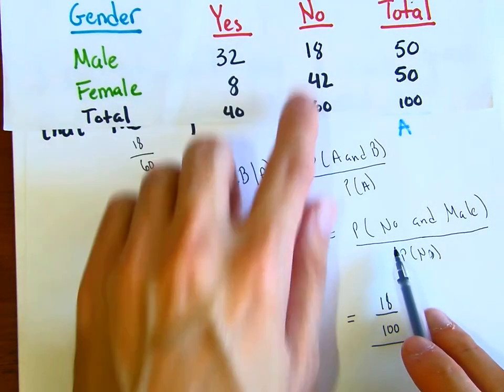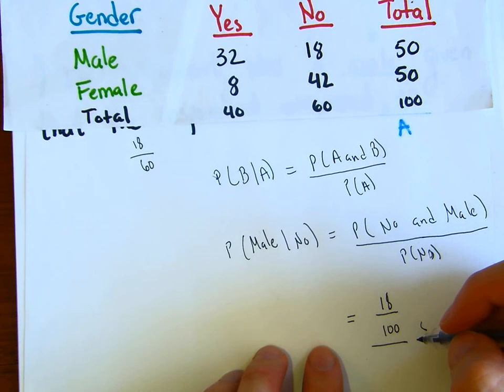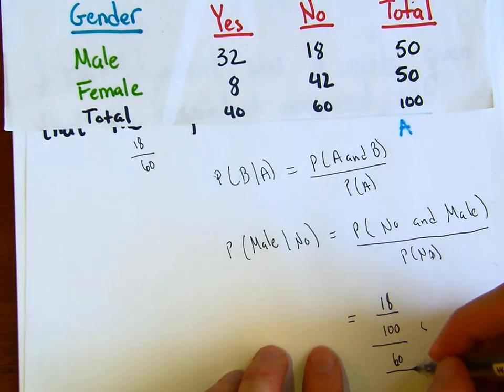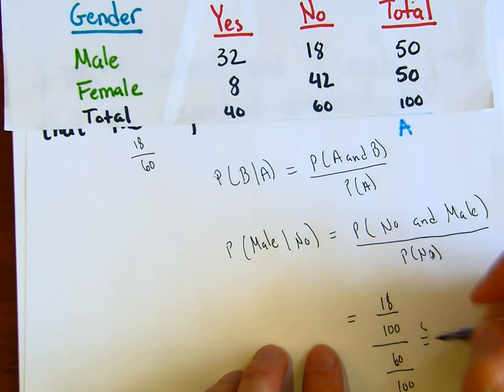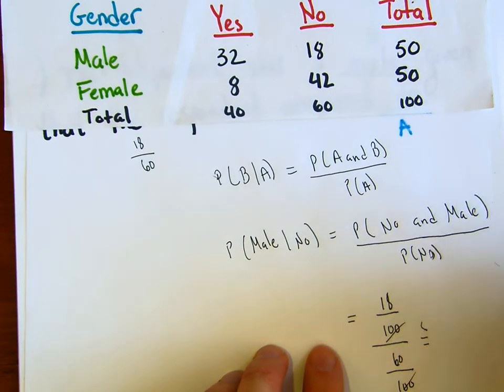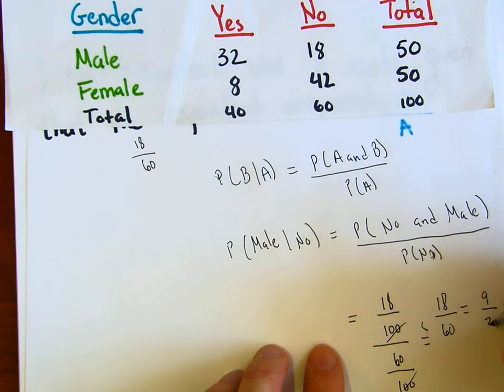It was 18 out of the 100 people. And notice how many people said no. It was 60 over 100. So now it's the same idea as before, these hundreds just cancel and you have 18 over 60. But if you simplify it, it's 9 over 30, which is 3 over 10.